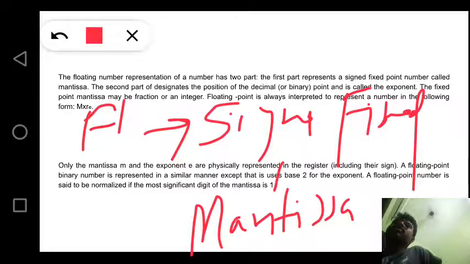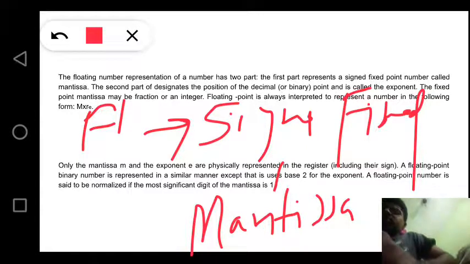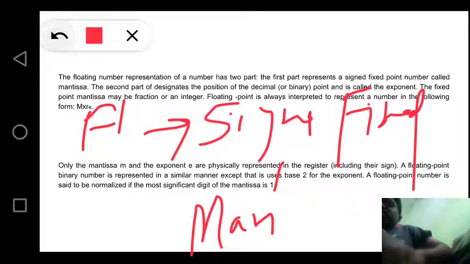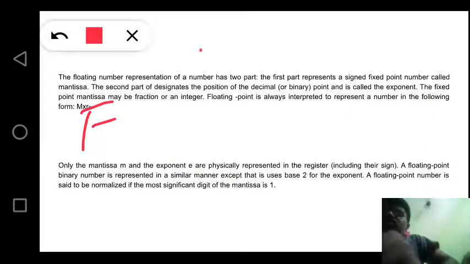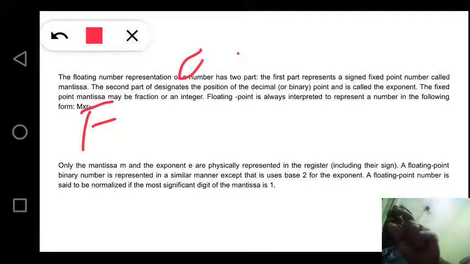The second part designates the position of the decimal point and it is called exponent. So the second part says where the decimal point is, because in a floating point number there is no fixed representation for a decimal point.